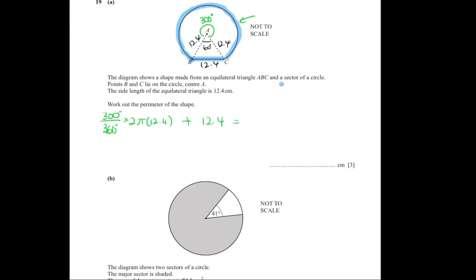Once we solve this part here, then we should be able to get our answer. 300 divided by 360 times 2 pi r. So pi, I'm using 3.142. I'm going to get 64.935 plus 12.4 plus 12.4 equals to 89.734.